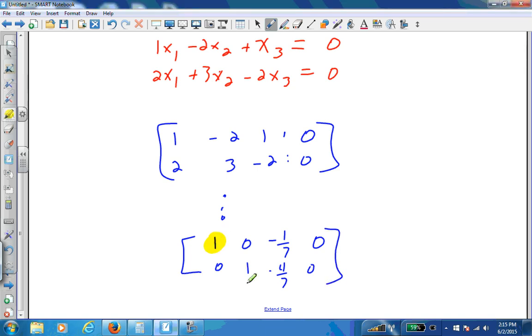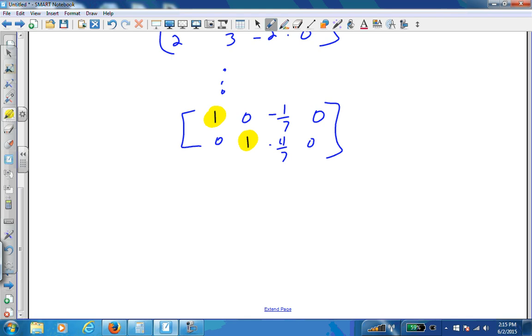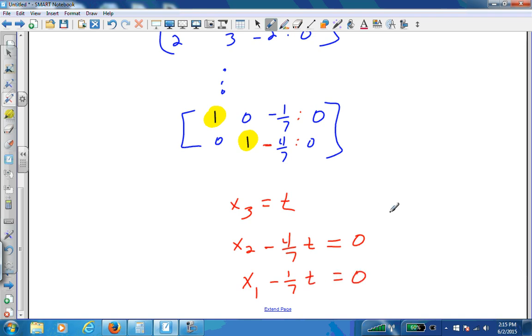So we have a pivot in the first position, a pivot in the second position. So our third variable is free to be whatever. Notice x sub 2 minus 4/7 x sub 3, which is t, equals 0. X sub 1 minus 1/7 x sub 3, which is t, is 0.